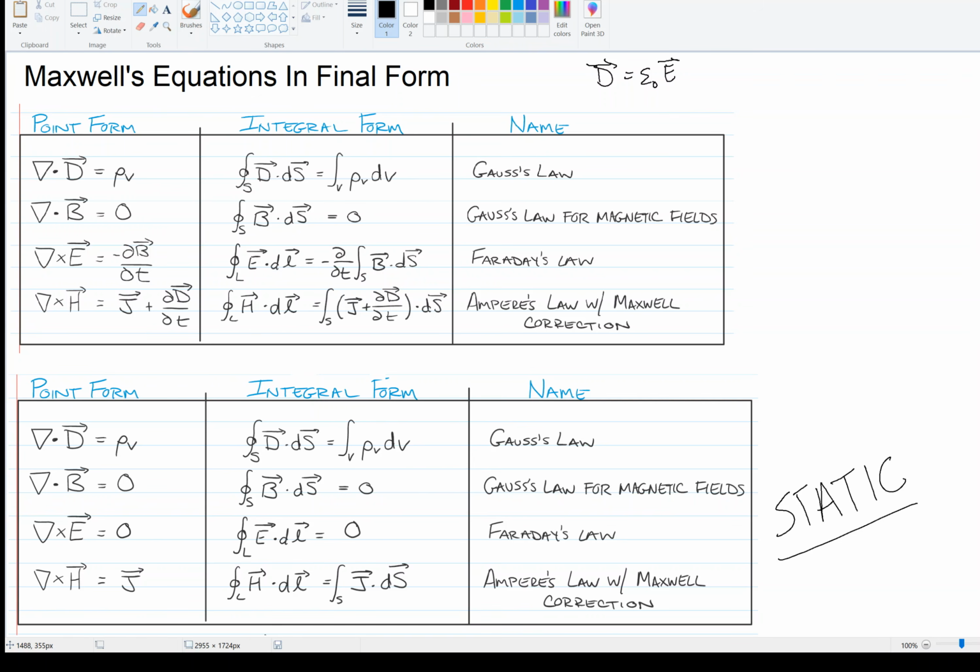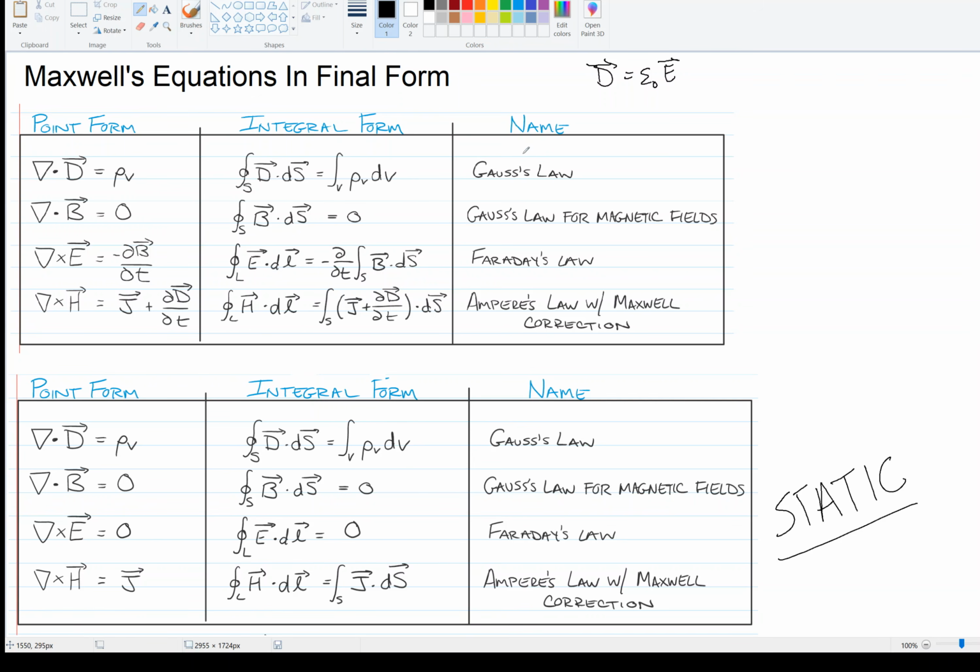The integral form, as we've said before, describes physical situations like the flux of a magnetic field through a surface is equal to zero, while the point form is usually more useful in making calculations.